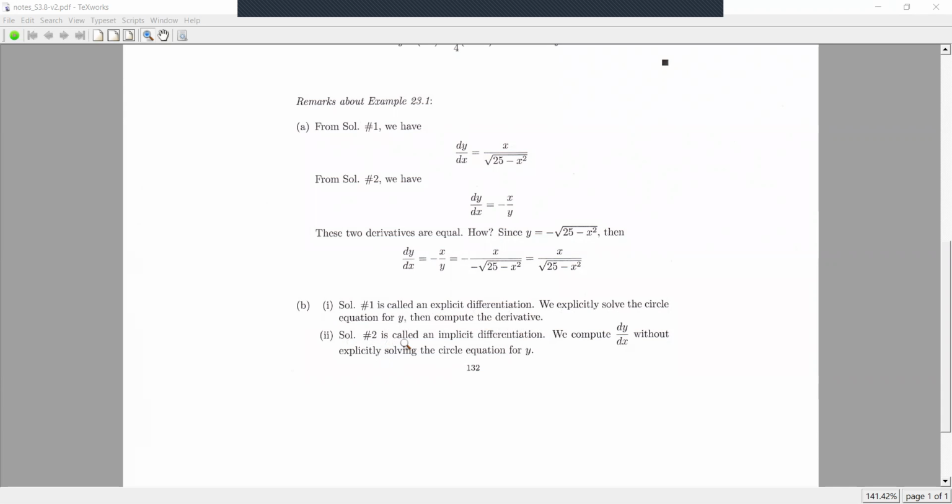Solution 2 is called implicit differentiation because we compute the derivative without explicitly solving the given equation for the function. Instead, we take the derivative of the given equation to get the derivative.